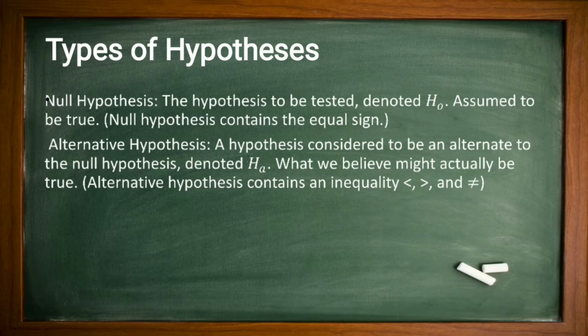It is proposed to be true and to be tested. Take note that the null and alternative hypotheses are mathematically opposites. So if we use the equal sign for our null hypothesis, automatically our alternative hypothesis will use the not equal sign.